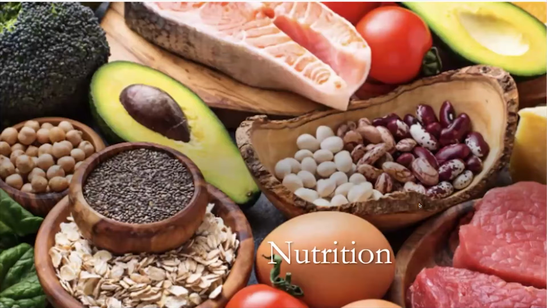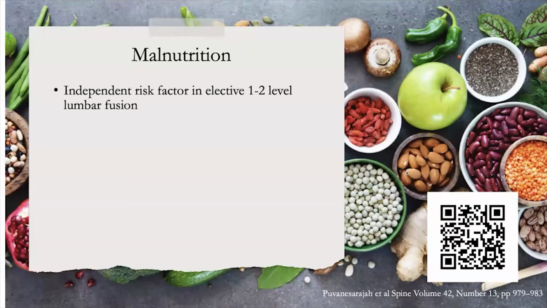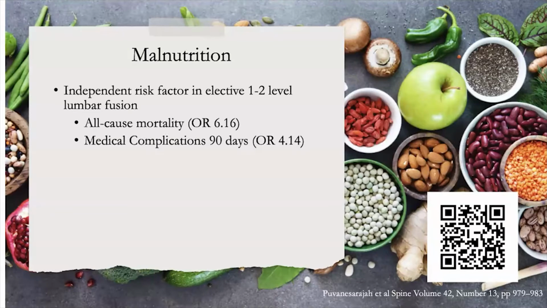Let's start off with nutrition. I think this is something that's really under-recognized, the presence of malnutrition in surgical patients. So malnutrition is an independent risk factor for poor outcomes, even in an elective 1 or 2 level lumbar fusion. It really increases your all-cause mortality, your medical complications within 90 days.